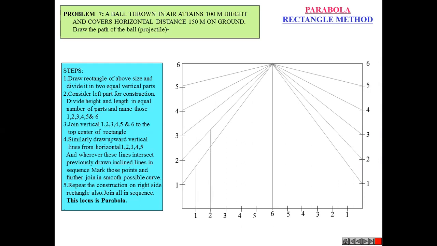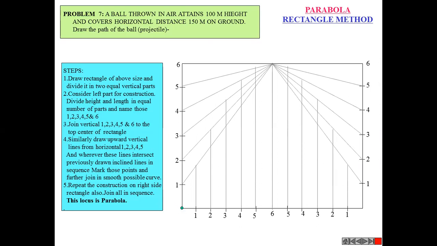Then we draw vertical lines from the bottom sections, and we collectively get the collection of points like this, which ultimately fetches a parabola like this.